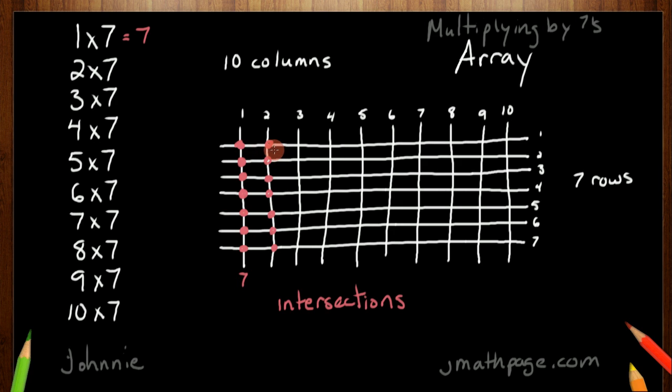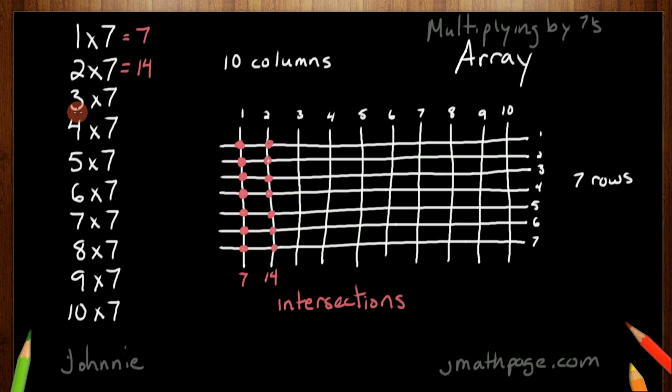Now I have to add on the next ones, right? So I have 7. Let's add on the next ones. 7, 8, 9, 10, 11, 12, 13, 14. So when I think about 2 columns and 7 rows, I end up with 14 intersections. 2 columns, 7 rows, 2 times 7 gives us 14 intersections.